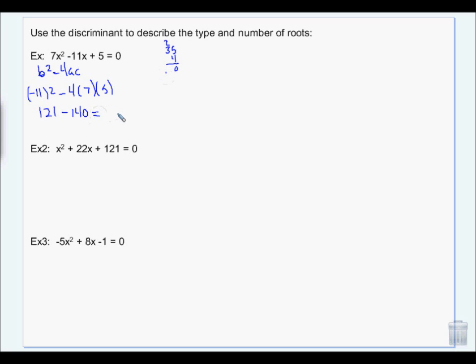So this is negative 19, right? So I have two complex roots. Now, if this was a problem I was trying to work out, I would not get an answer. I would write no real solutions.